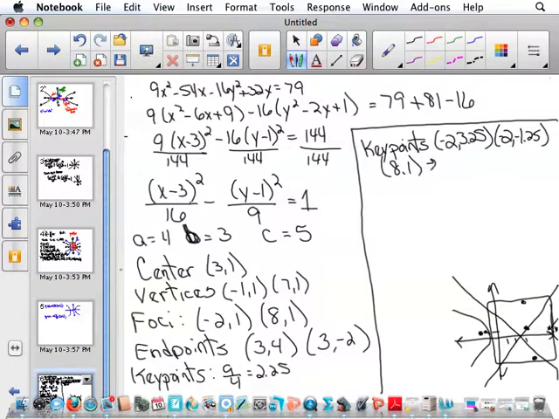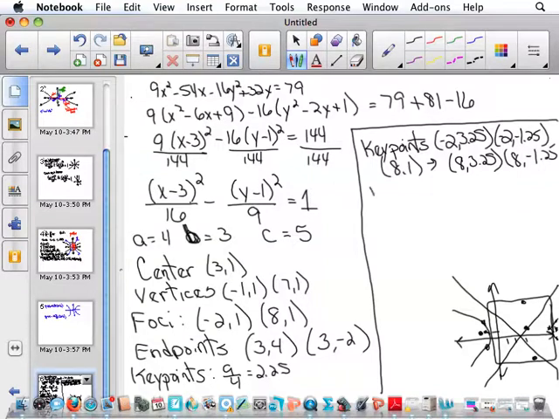So from that, I'm going to go up, so I will be at 8, 3.25, and I will be at 8, minus 1.25. So they will be here and here on either side of that vertex for the key points.